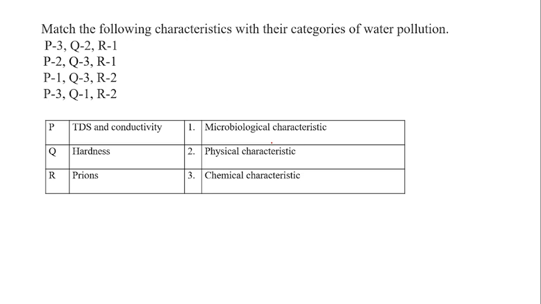This is the first option, Q3, Q2, R1. Okay, we'll see. It is option 2. Hardness is a physical characteristic, and then TDS and conductivity are chemical characteristics. And then prions cause some neurological problem which could be caused by the microorganism. So the answer is microbiological characteristic.